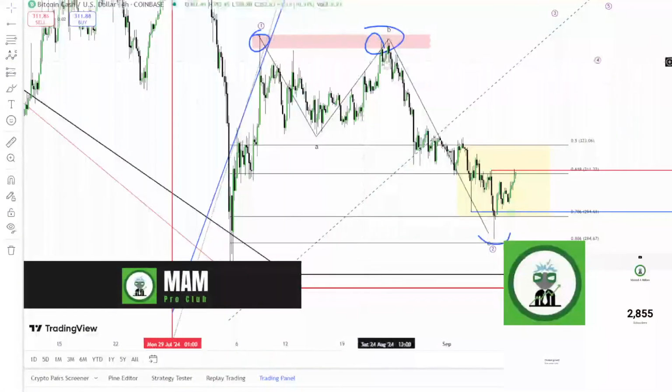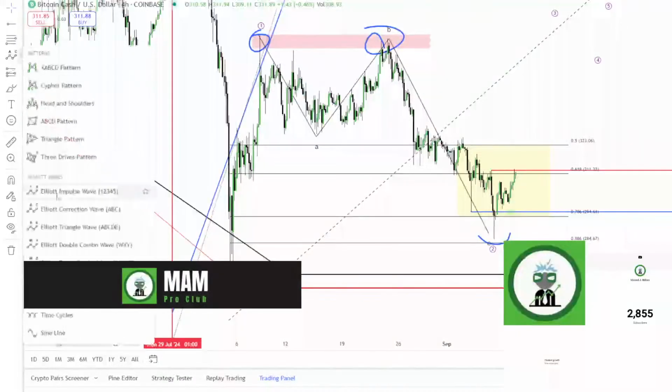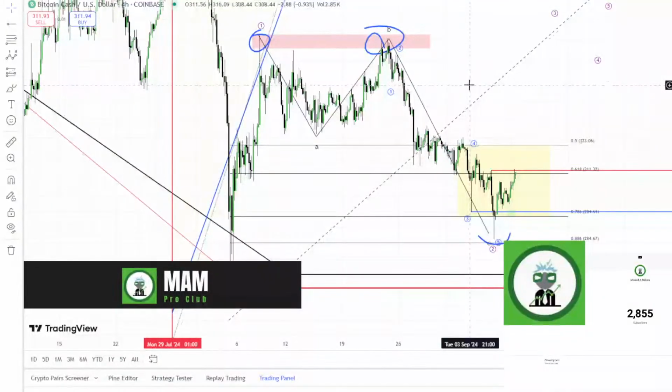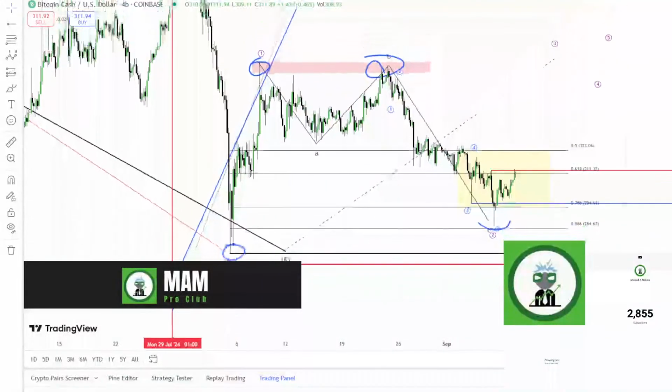So this then becomes your C leg, and you've got a 1, 2, 3, 4, 5. It's just basically a crashing structure for a C leg. So, I mean, it's pretty common in cryptocurrencies, especially in volatile situations.